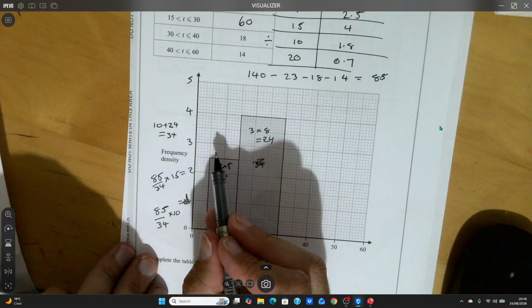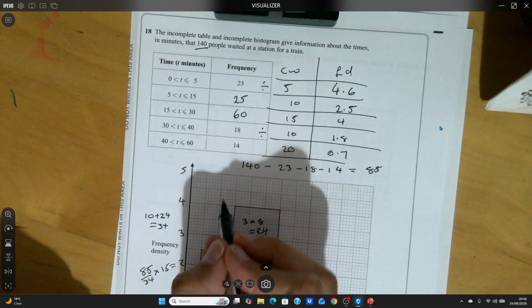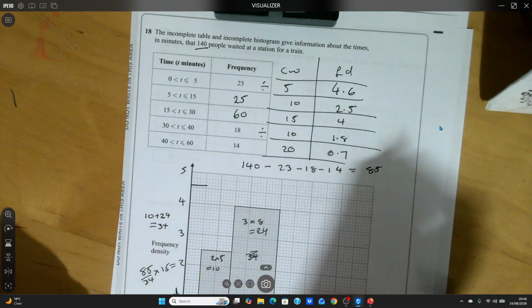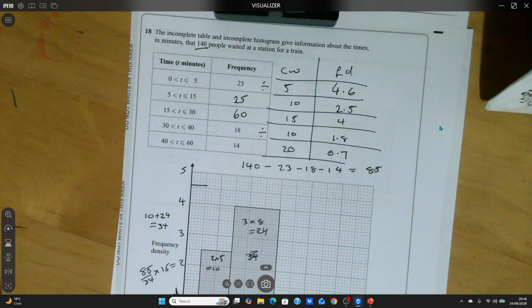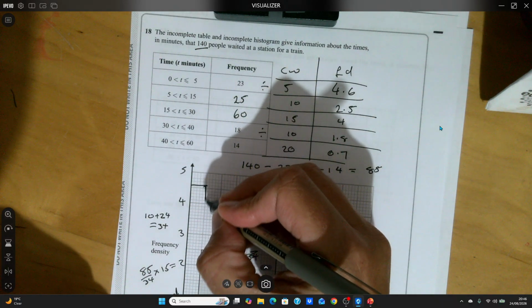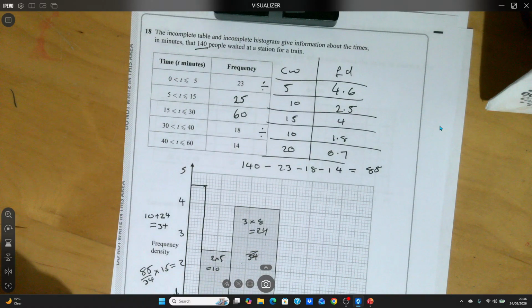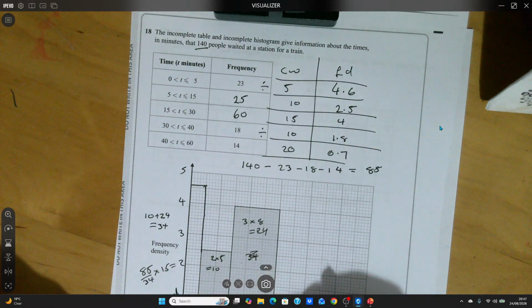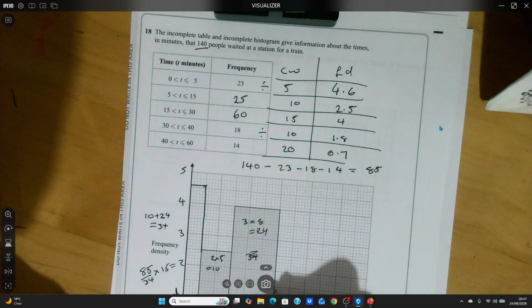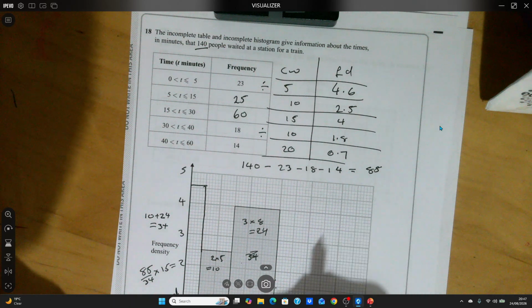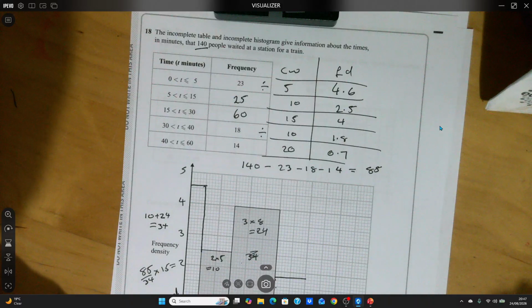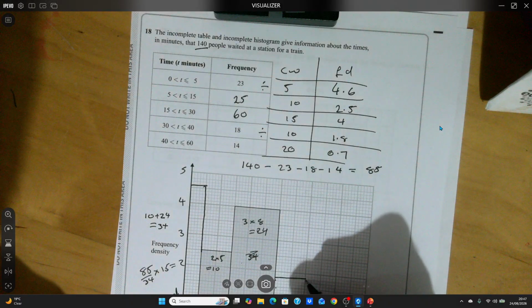The first one should have been drawn at 4.6. The next one should be drawn at 1.8, from 10 to 40.